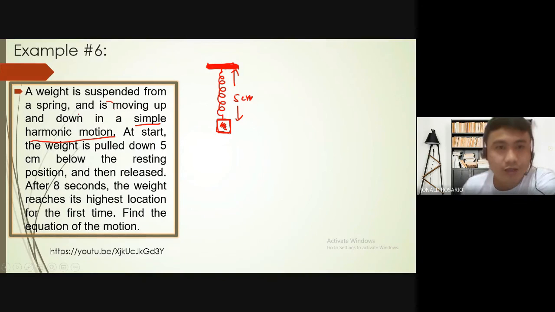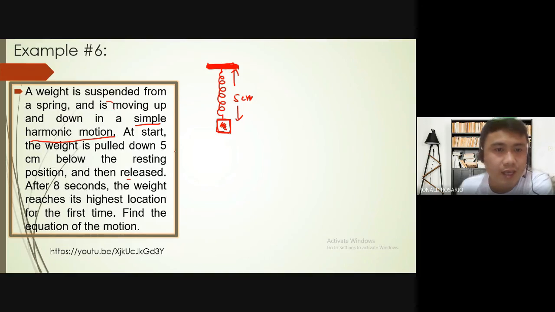So again, we have here a certain weight, and this weight, of course, is being pulled at a certain distance, 5 centimeters below the resting position. And after that, it is being released.